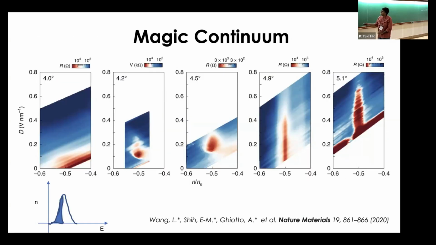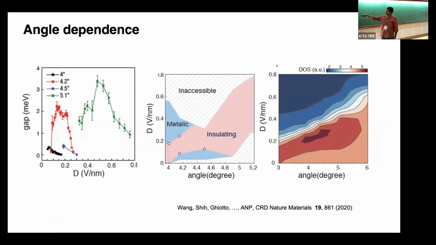The way we rationalized where in this phase diagram of electric field and density the insulating state appears is by looking at the value of the density of states. And what we found is if you look at theory and ask yourself where is the density of states maximum, in other words, where is that Van Hove singularity close to half filling as a function of twist angle and as a function of electric field, then we find that it is indeed maximized in this range of angles and at some range of electric fields.